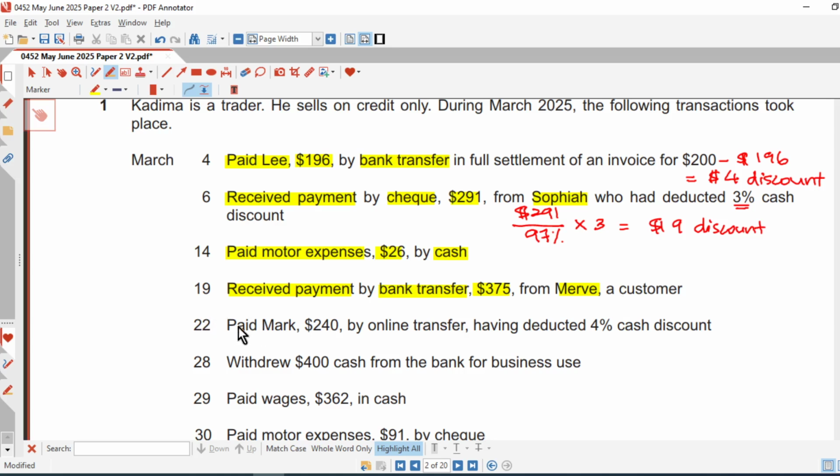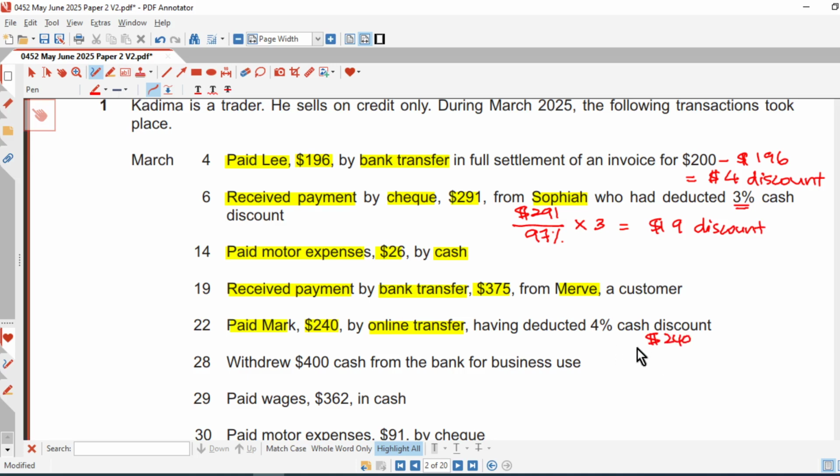On the 22nd, you paid Mark $240 by online transfer, having deducted a 4% cash discount. So what does that mean? You paid $240, that was the actual amount that went out of your bank, after you deducted a 4% cash discount.